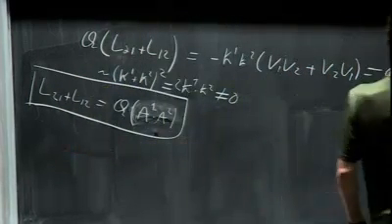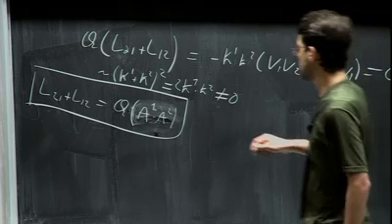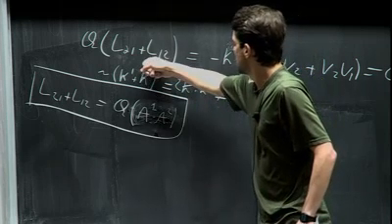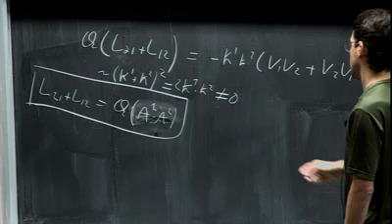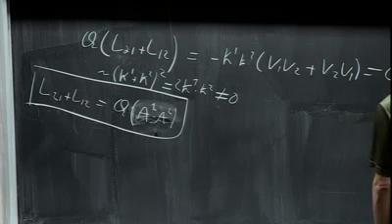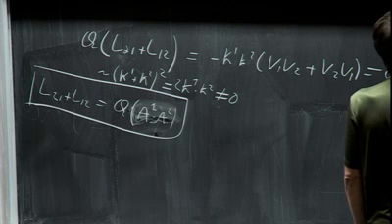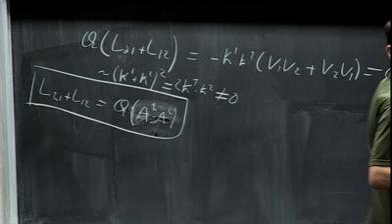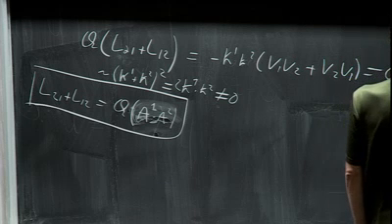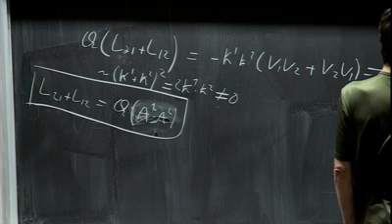So I just mentioned that a BRST closed object with conformal weight different than 0 is BRST trivial. And okay, so how one can prove this?